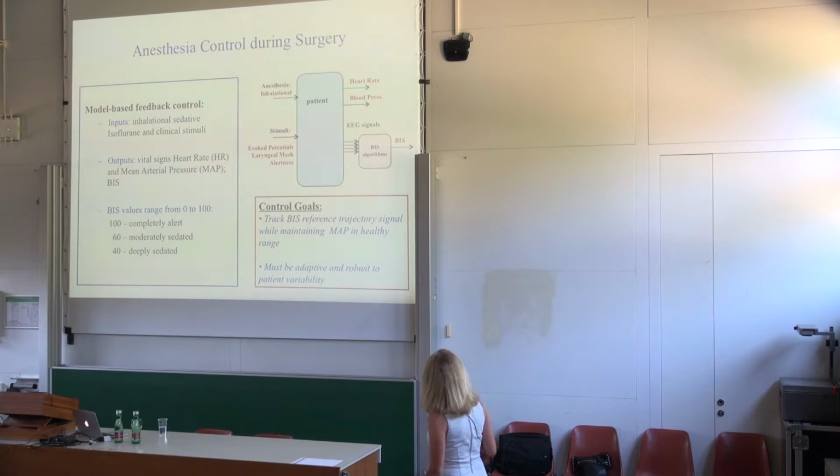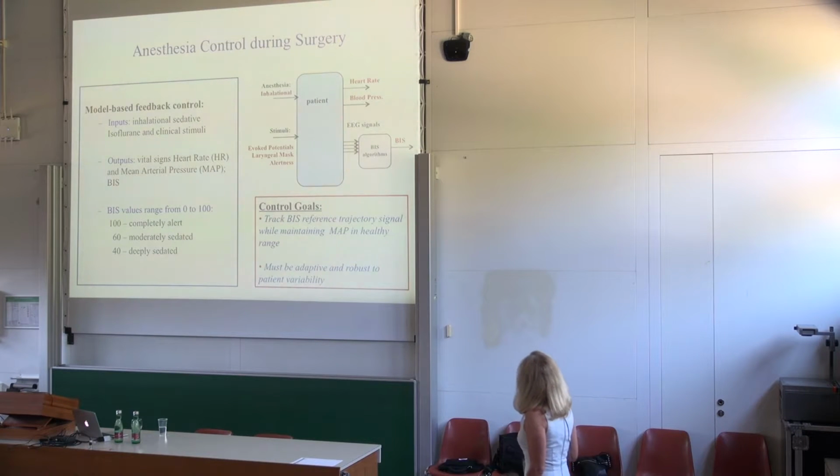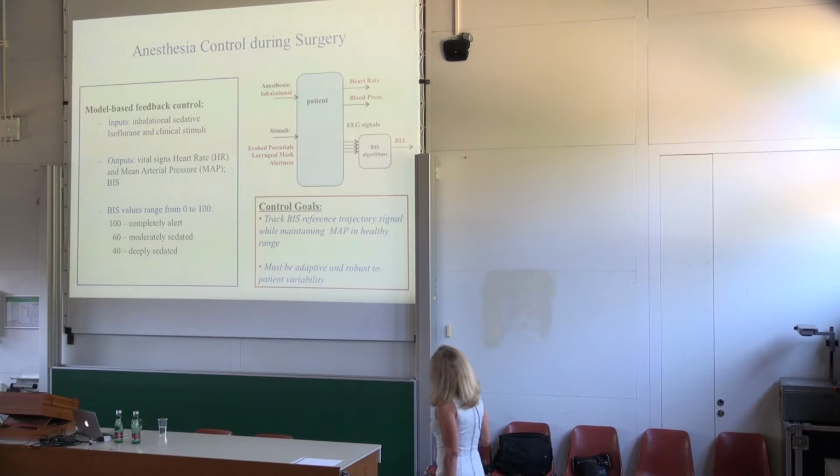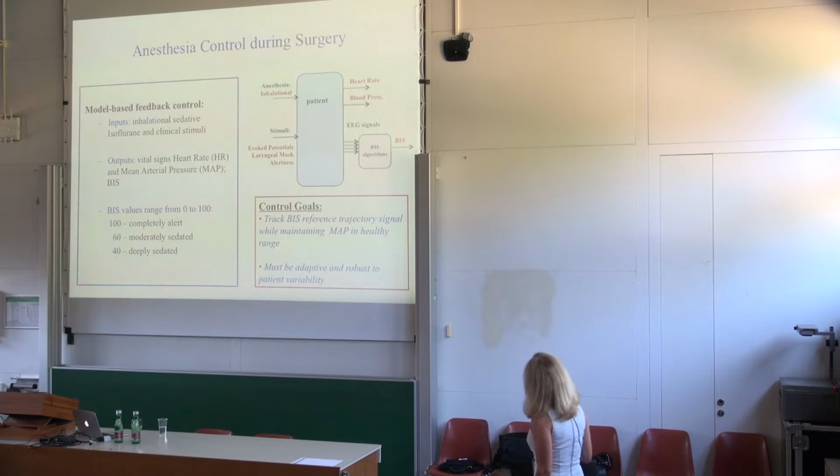We have mostly reduced this to looking at the BIS output, the blood mean arterial pressure, heart rate, and then our input is this inhalational anesthetic. It's called Isoflurane. And as well, this data contains responses to a number of stimuli.